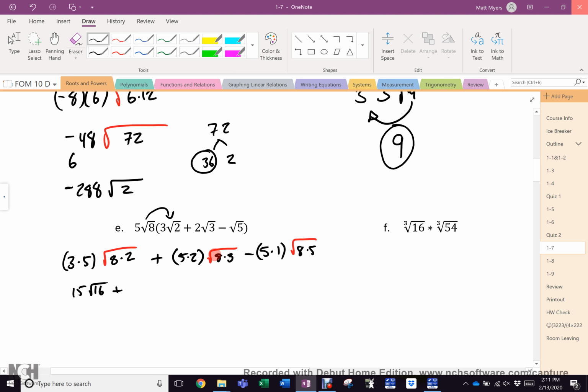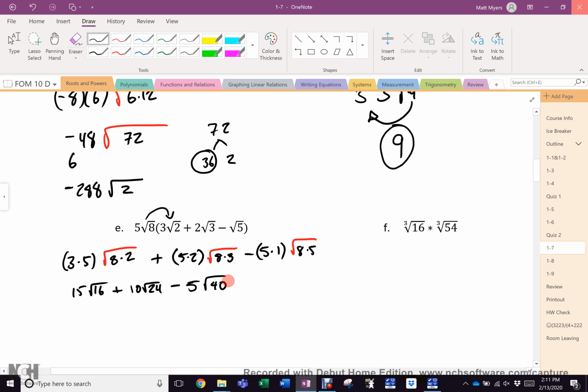Plus, what's this one going to give me? What's this middle one going to give me? And 10 root 24 minus, what's this one going to give me? 5 root 40.